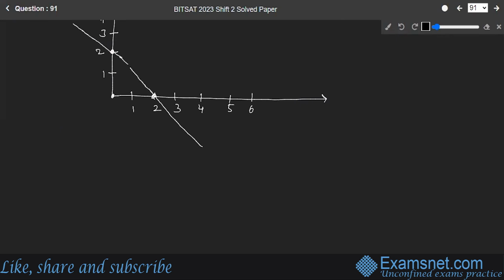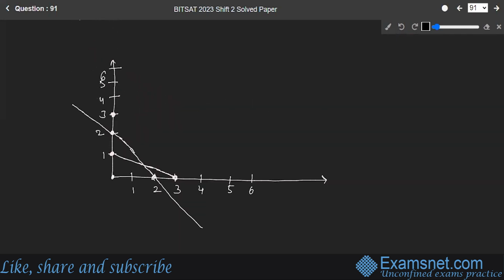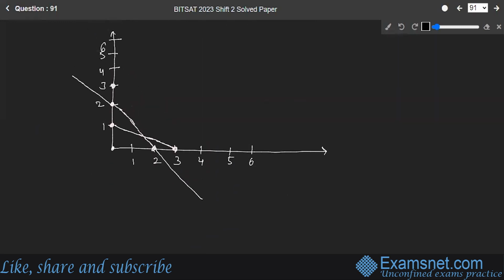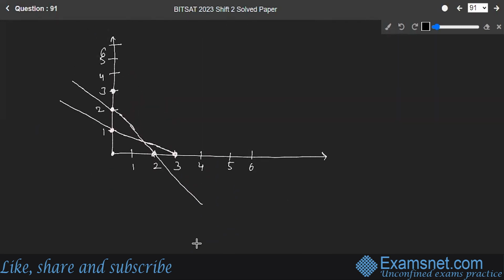So this line will be something like this. The second one was x plus 3y is equal to 3. If I'm putting y is equal to 0, x comes out to be 3. Sorry, when I'm putting x is equal to 0, y comes out to be 1. So this is the point. Okay, so this is the second line.